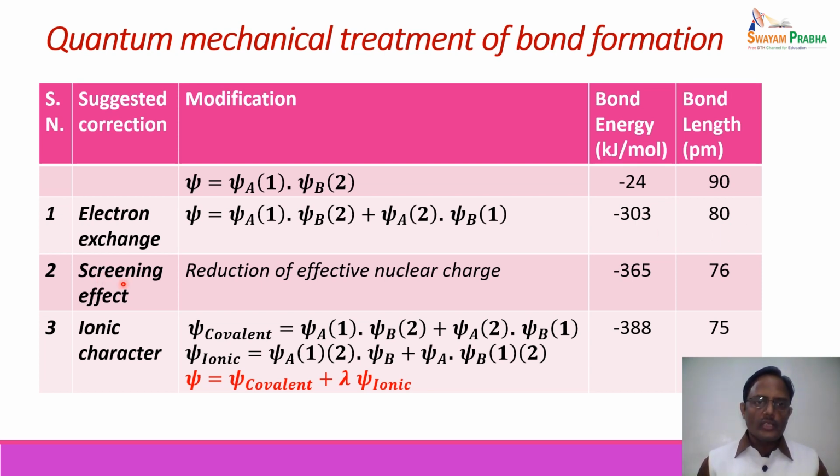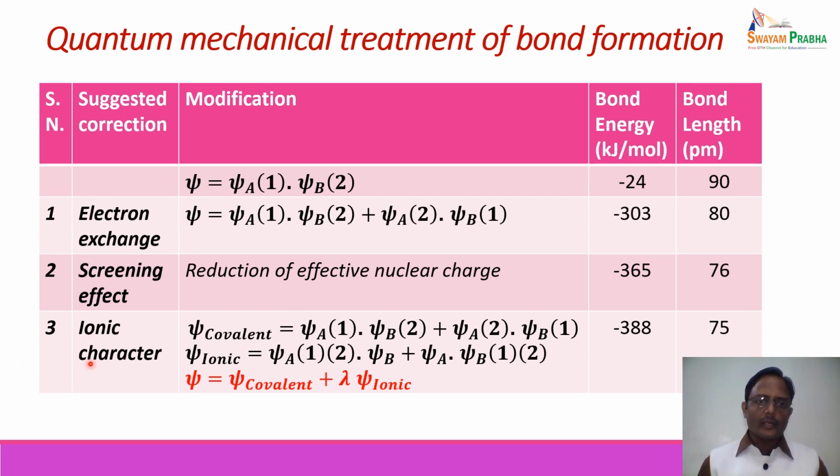When the screening effect was introduced, there is a reduction in the effective nuclear charge, and when the concept of effective nuclear charge was incorporated, it was observed that the bond energy further decreases to -365 kilojoule per mole with the bond length reducing to 76 picometer.